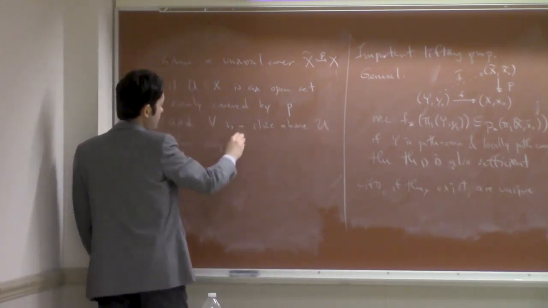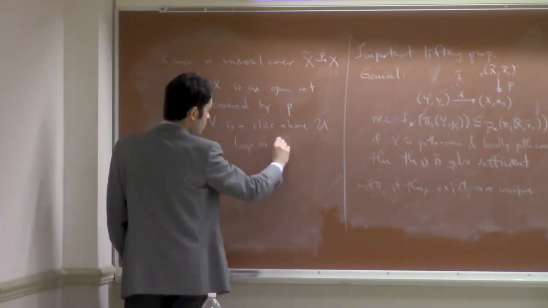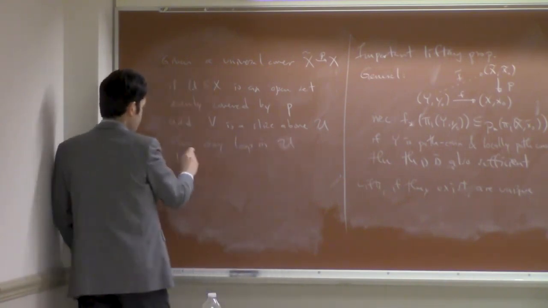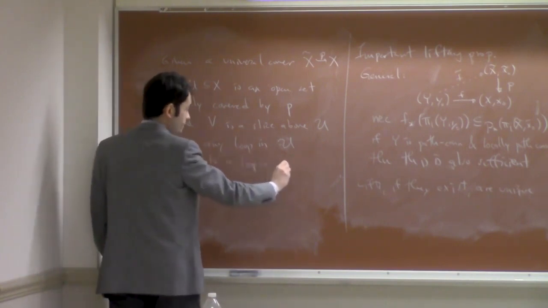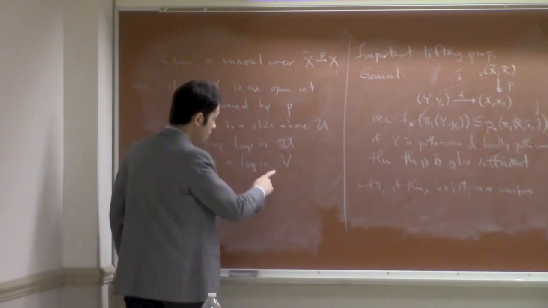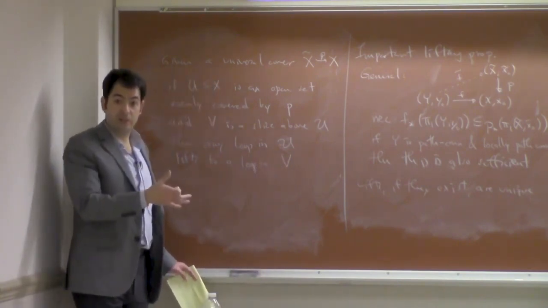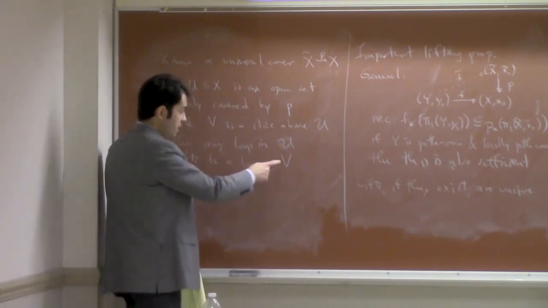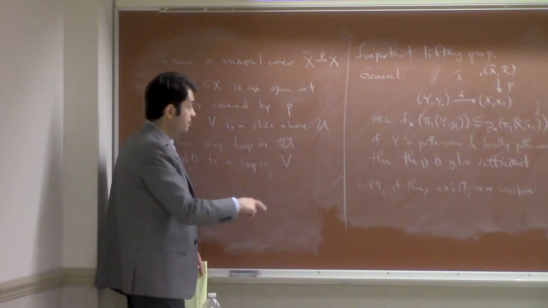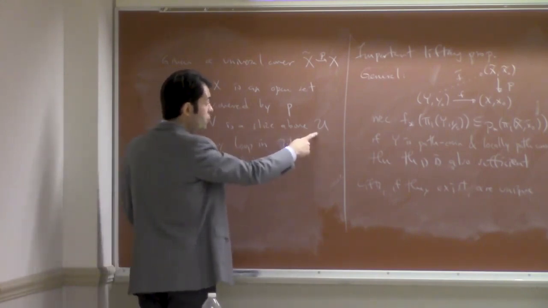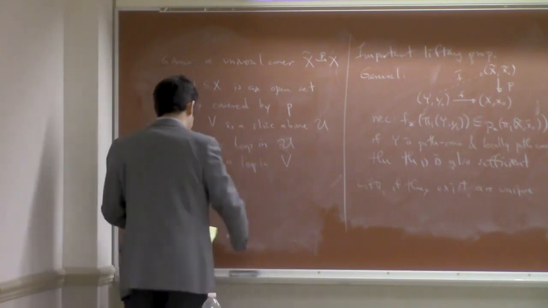then any loop in U lifts to a loop in V, an actual loop, because P is a homeomorphism between V and U. So if you lift a loop that was entirely contained in U, then that lift is entirely contained in V, and it's, again, a loop.